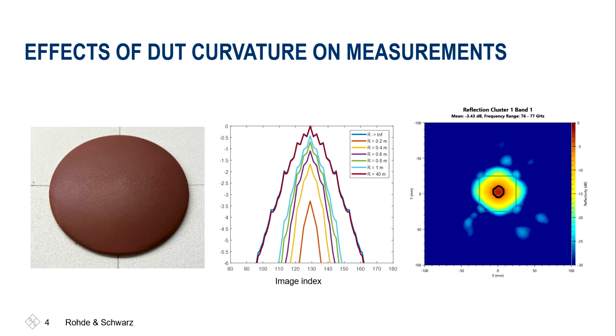And from the simulation, we would expect a reflectivity of roundabout minus 3.4 dB. So if we look at the simulation in the middle, minus 3.4 dB, and the QAR50 measurement result on the right, minus 3.43 dB, that is super close to what we are expecting from the simulation.